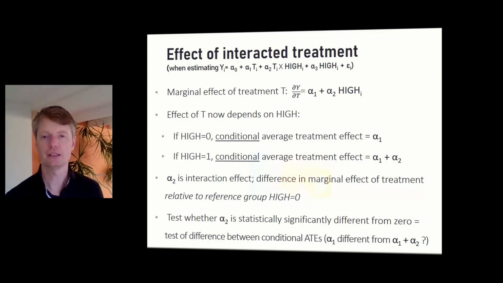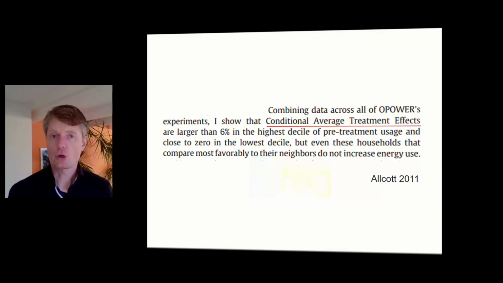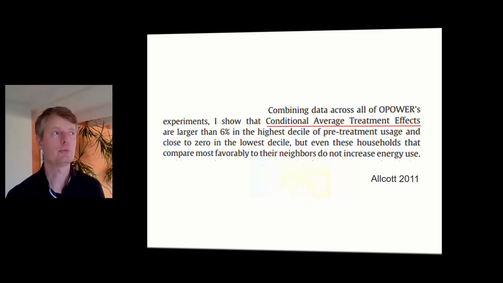Is alpha 1 actually different from alpha 1 plus alpha 2? This is what this estimation equation is going to tell us. It also says so in Allcott's 2011 paper, in which he says, I show that conditional average treatment effects are larger than 6% in the highest decile of pre-treatment usage and close to 0 in the lowest decile. So a major difference in the treatment effect between subgroups.